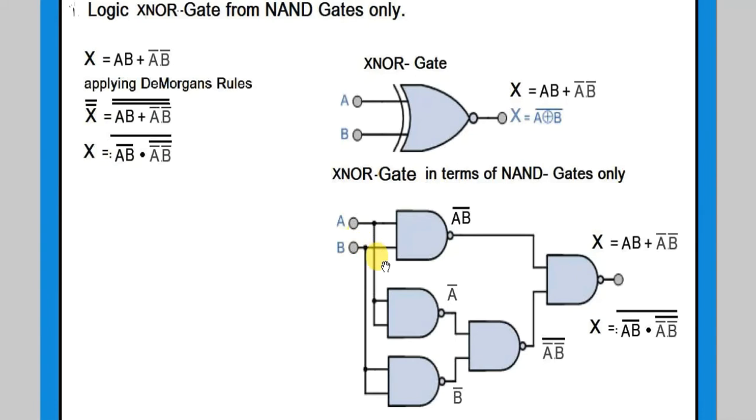So this is the exclusive NOR gate expression and the logic diagram. Now we need the complemented A and B individually, and AB as well. So we first feed A and B here, giving the complement of AB in this case.